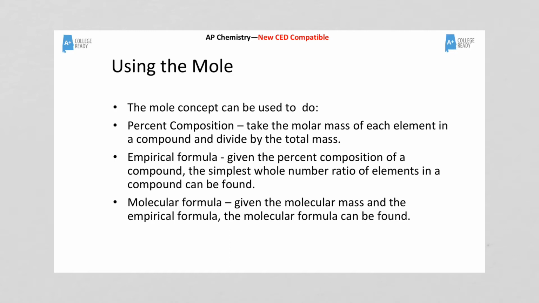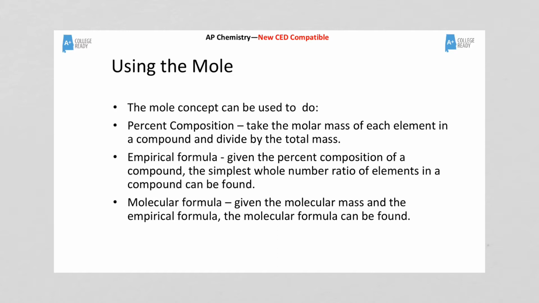So once we can do those simple calculations I mentioned on the previous slide, we'll be doing other things with them. So for percent composition, we'll need the molar mass of the elements that are in the compound to divide it by the total mass of the compound to figure out maybe a percent of an element in a compound. Empirical formula is when we have percents, or maybe we don't even have percents.